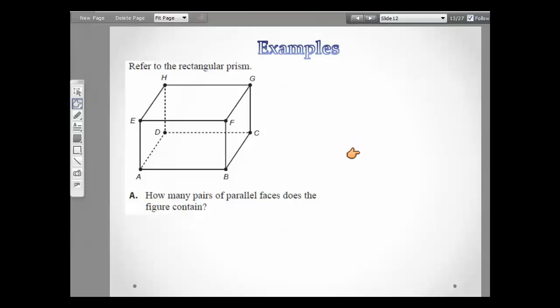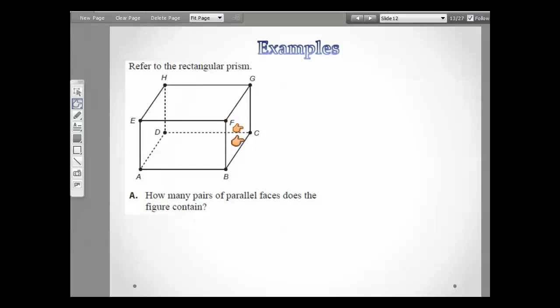Okay, let's look at some examples here. Looking at this rectangular prism. Part A says, how many pairs of parallel faces does the figure contain? Well, I talked about that earlier because you've got your top face and your bottom face. Those are parallel, so that's one set. Then you've got your left face over here and your right face.